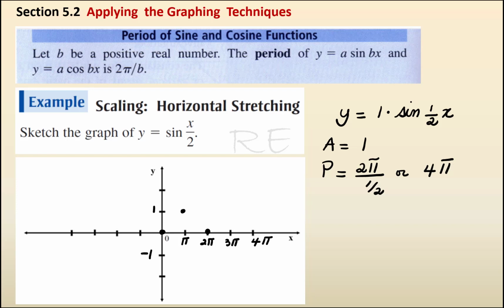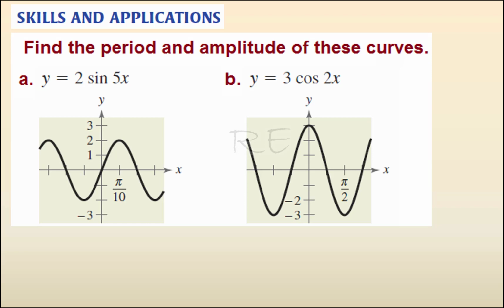We start at 0, top of the amplitude, 0, bottom of the amplitude, and 0. Connect those points with a smooth curve. Reflect the graph over the origin. We have a horizontal stretch.